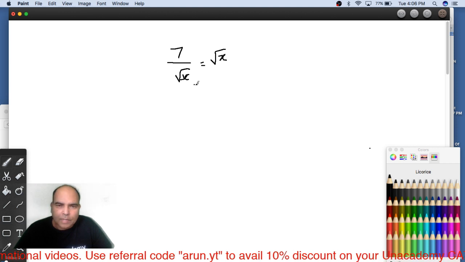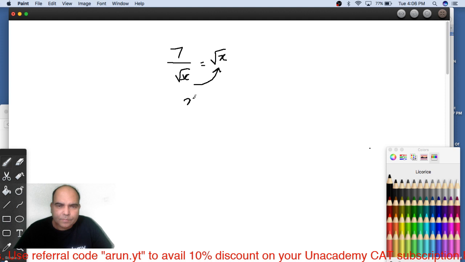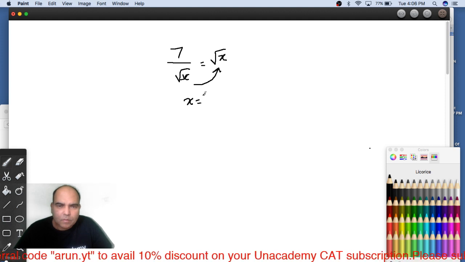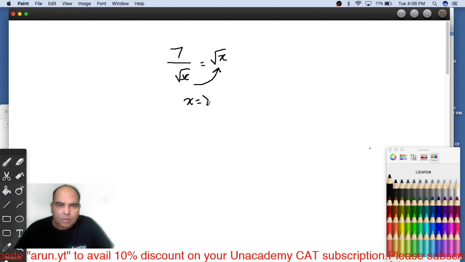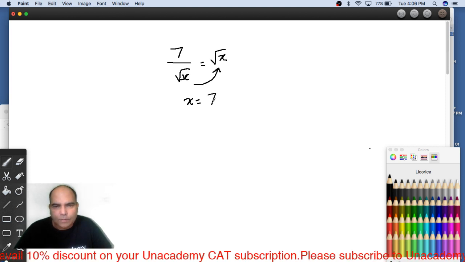If I take this root x to that side, I'll get the value of x is 7 here.